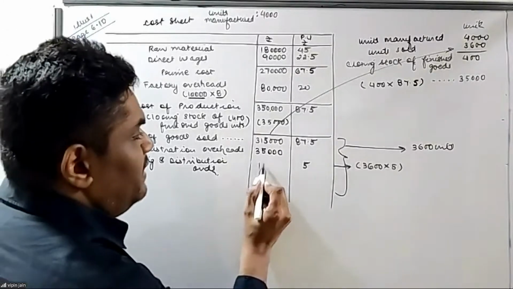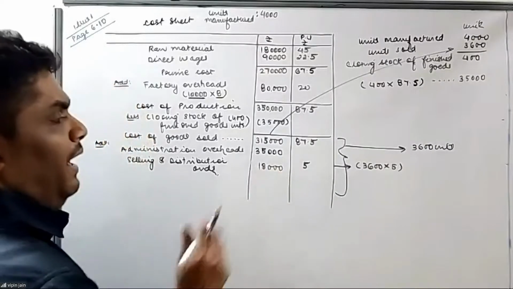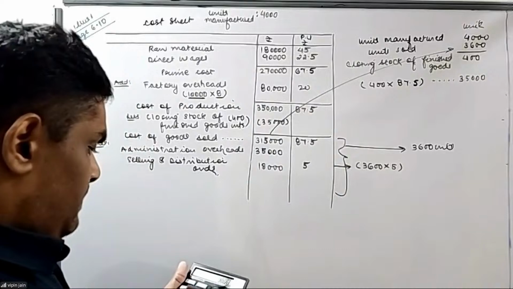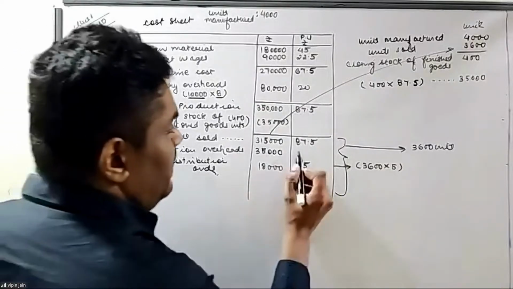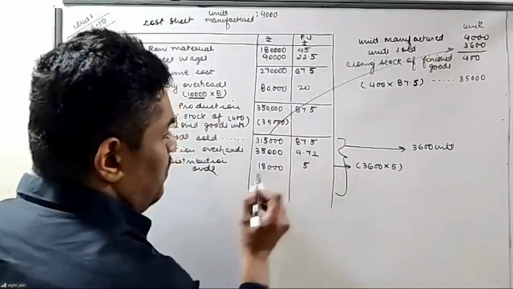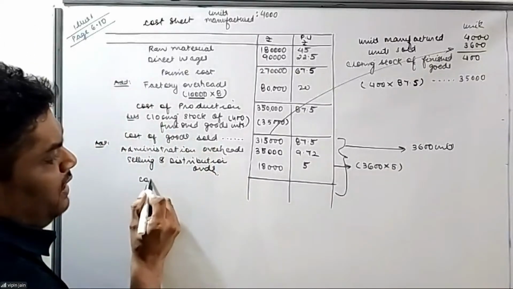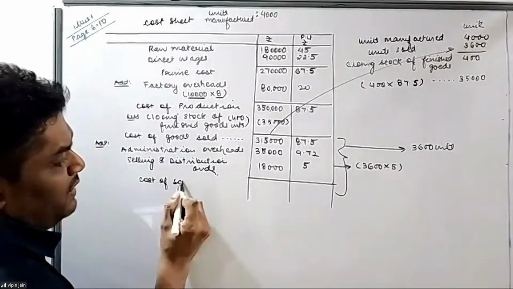So this will be 18,000, and 35,000 divided by 3,600. This will be 9.72. So all the figures are considered. This is how we will get the cost of sales.